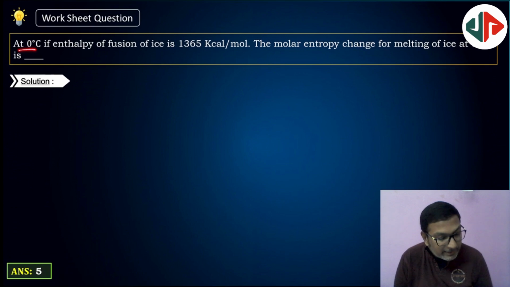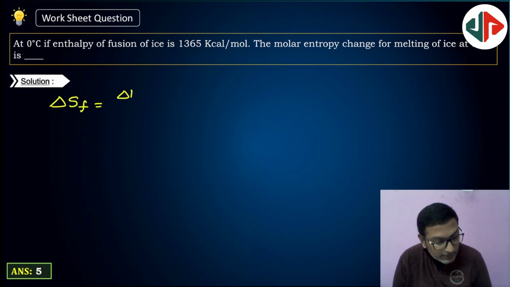At 0 degree centigrade, the enthalpy of fusion of ice is given. The molar entropy change for melting of ice: delta S fusion equal to delta H fusion by temperature. Here the temperature must be the freezing point or melting point of ice.